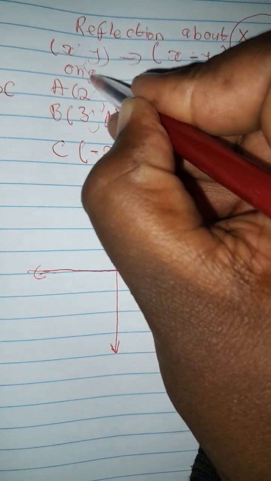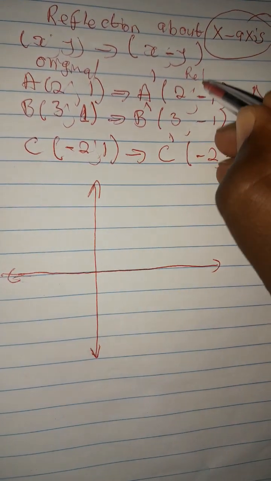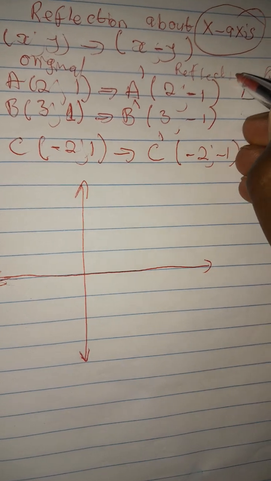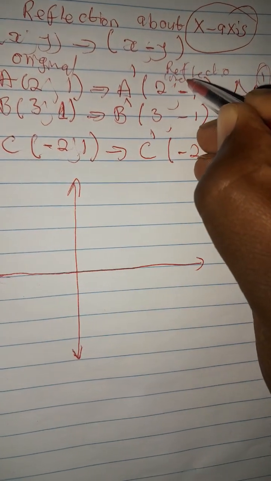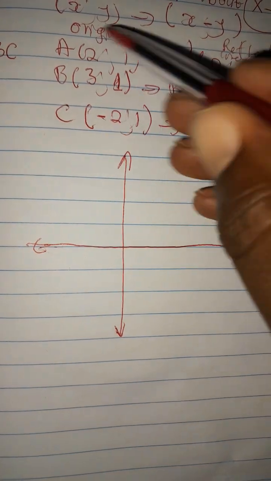This is our original image, and this is its reflection, or the new image. So let's start by plotting this.